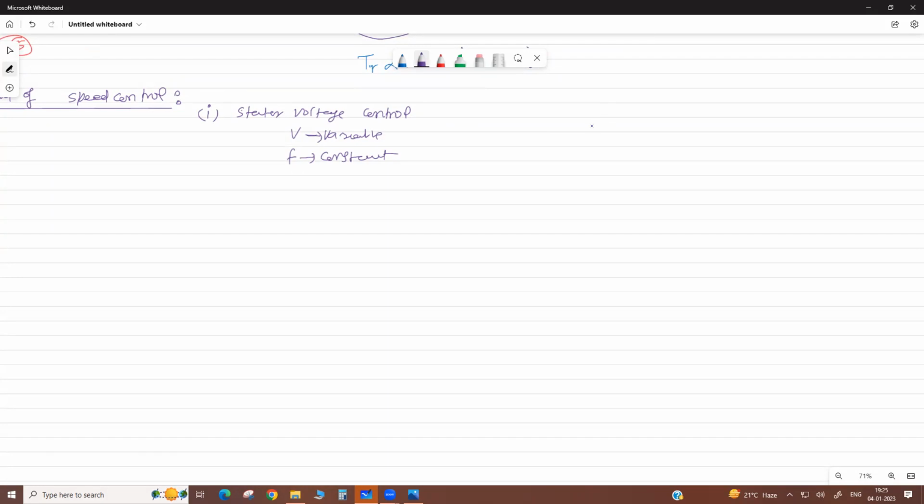Suppose this is how we reduce the voltage to the motor. So this is your 3-phase induction motor. This is coupled with load.